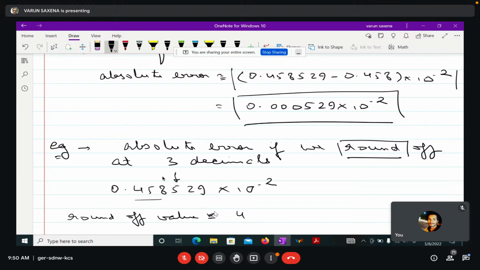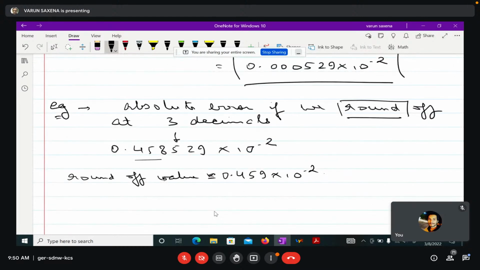So then this would be 0.59 into 10 to the power of -2. If you now calculate the error between the two quantities, that error value will now be negative because the approximated value is now greater.